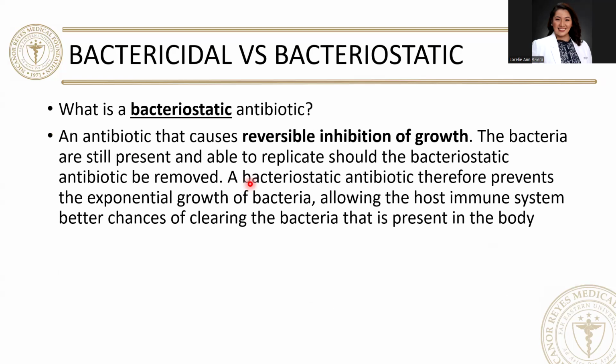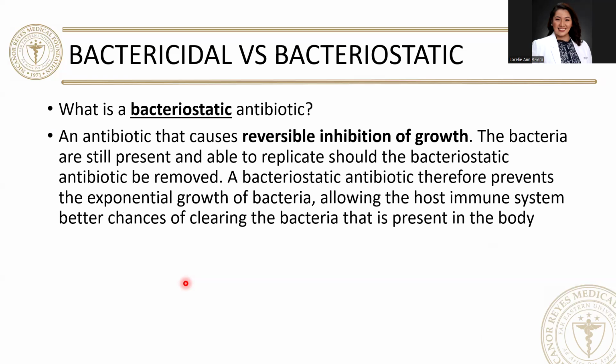So again, let's define what a bacteriostatic antibiotic is. It is an antibiotic that causes reversible inhibition of growth. So the bacteria is still present and able to replicate should the bacteriostatic antibiotic be removed. A bacteriostatic antibiotic therefore prevents the exponential growth of bacteria, allowing the host immune system better chances of clearing the bacteria present in the body. I hope that is clear.